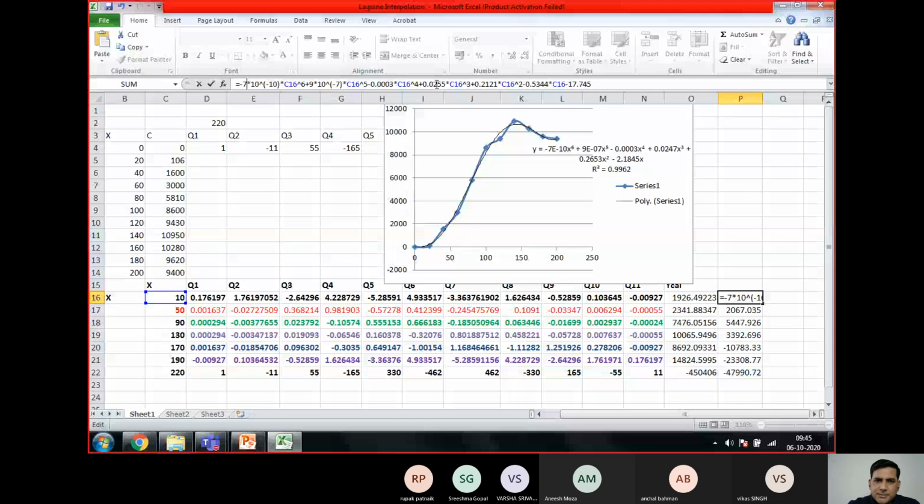Then you have 0.2653 times x to the power 2. Then minus 2.1845 times x, and you don't have the intercept. Okay, so you can drag it now.